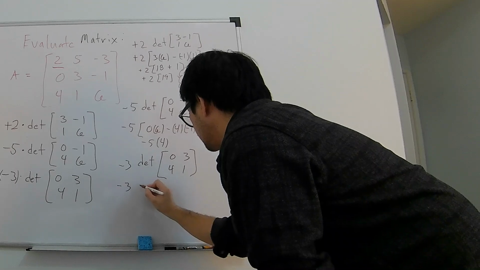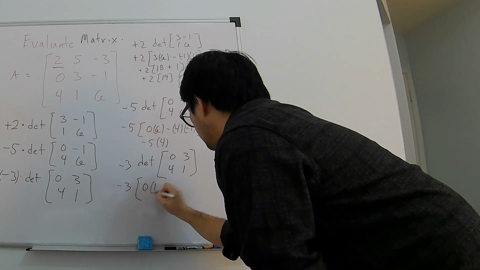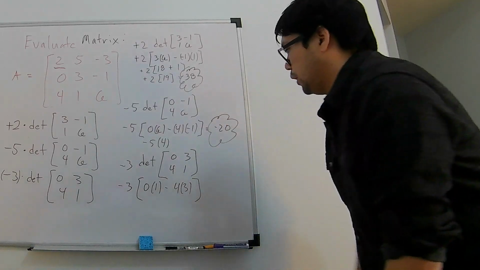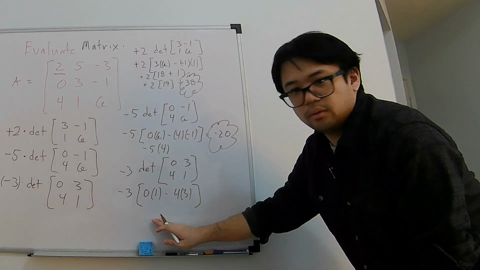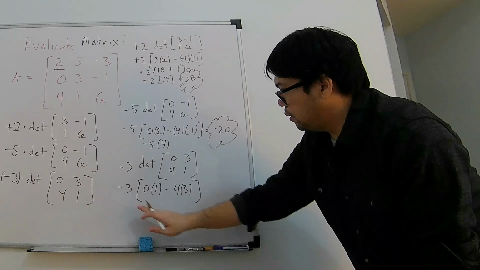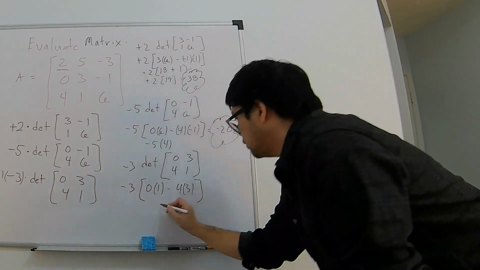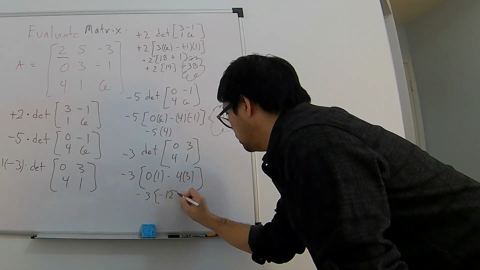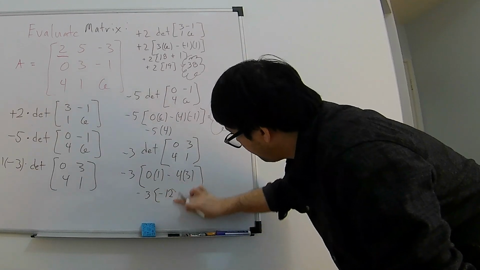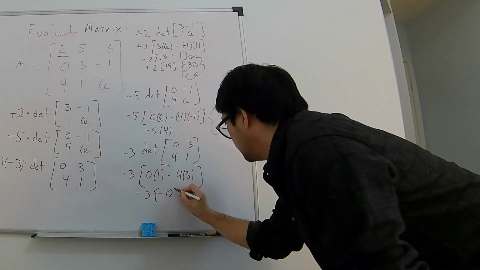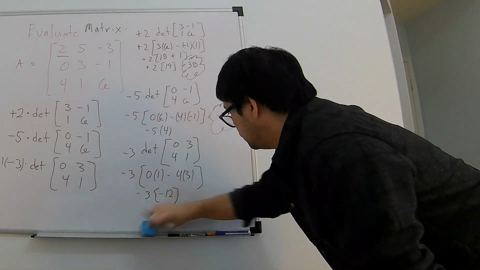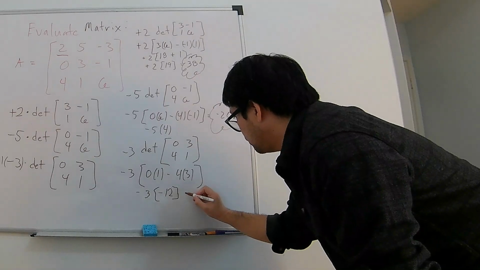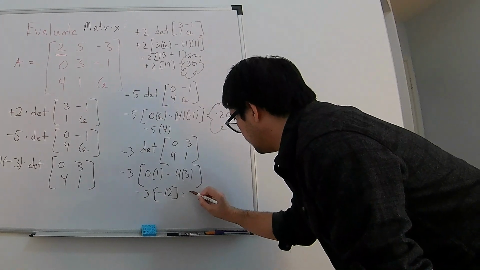The determinant of this is just 0 times 1 minus 4 times 3. Okay, so that is 0, and then we got negative 12. Negative 3 out front. Oops, don't want to be sloppy here. That will be positive 36.